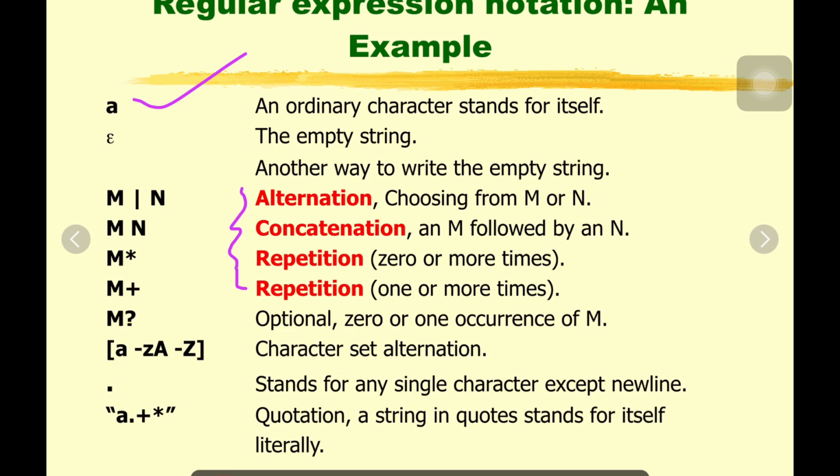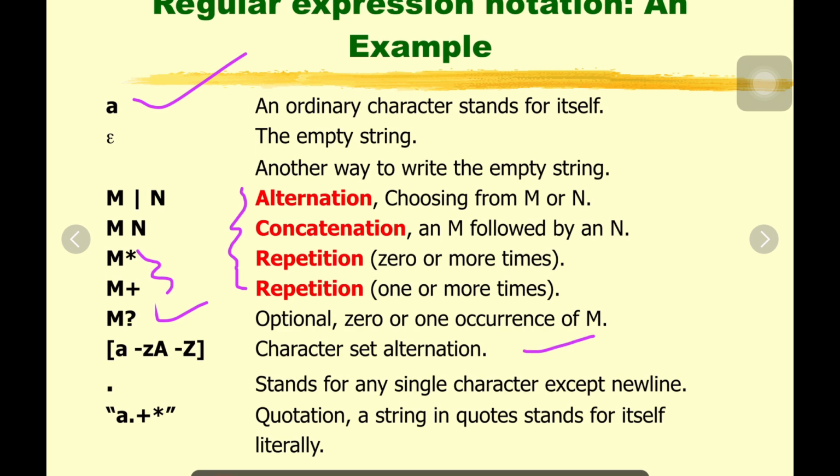Then M or N, this is alteration, M followed by N, M star, M plus. You already know what star is: it may appear 0 or more times. Plus indicates 1 or more times appeared. The question mark is one more regular expression, called optional, that is 0 or 1 occurrence of M.